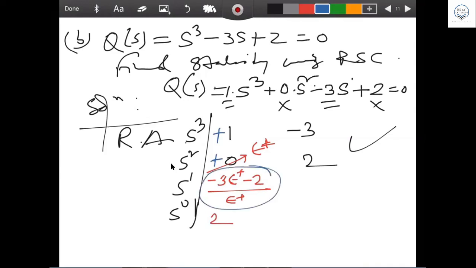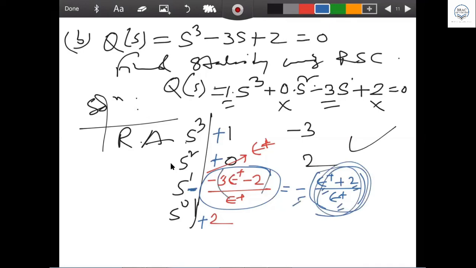Plus or minus? Minus, because this is giving you negative. Why negative? Because this gives you the minus epsilon plus 2 divided by epsilon plus. Epsilon is positive, 2 is also positive, so the whole thing is positive, and the minus sign is coming because you take out the minus, right? Do you understand it? Yes, sir. That's why negative.